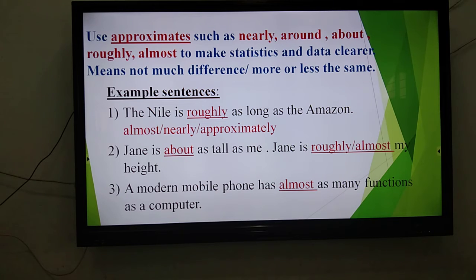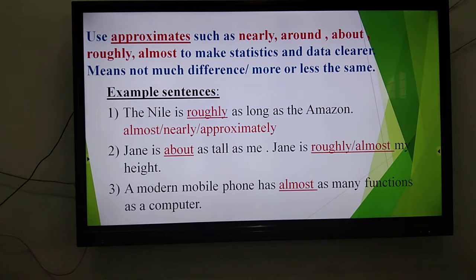For example, the Nile is roughly as long as the Amazon. Now that means the Amazon river is almost, nearly or approximately as long as the river Nile. There is not much of a difference, so we can use any of these words.